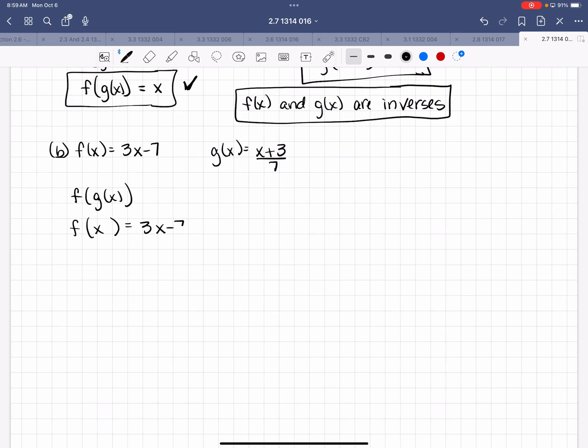Yep, 3x minus 7. So what I've done is everywhere there was an x, we're putting in g of x. So f of g of x is going to equal 3 times g of x minus 7.